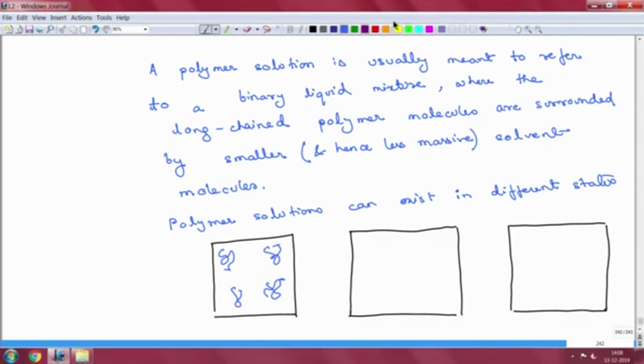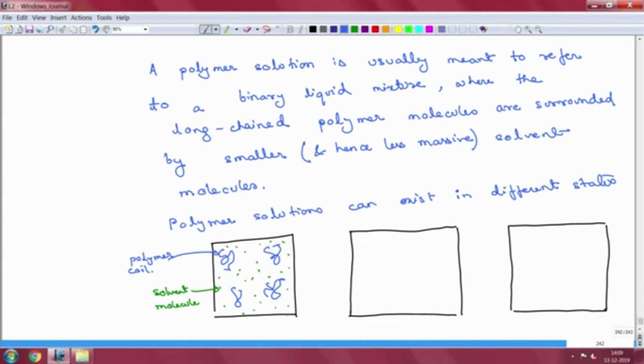Then interspersed here are the solvent molecules. I am drawing them as dots because they are smaller and hence less massive. So, this is a solvent molecule, and this is a polymer coil. Under normal conditions, the polymer has to exist in a coiled state because of Brownian motion. We have talked about that before.